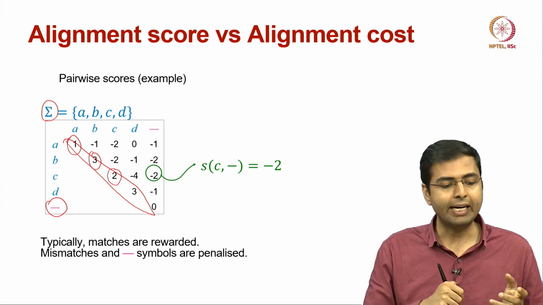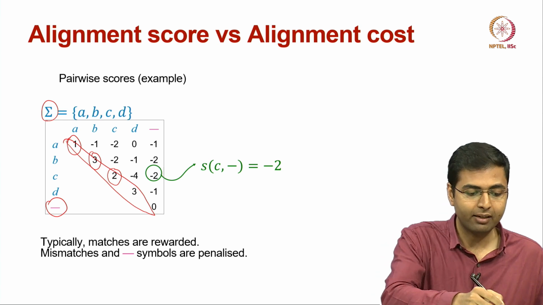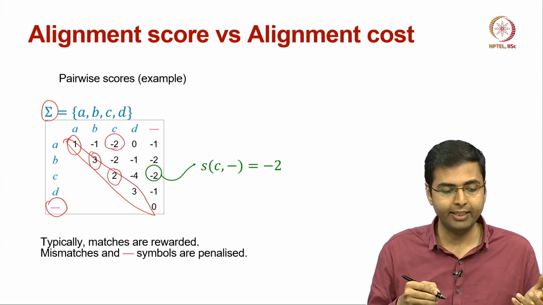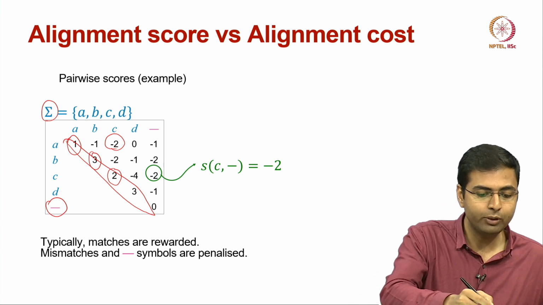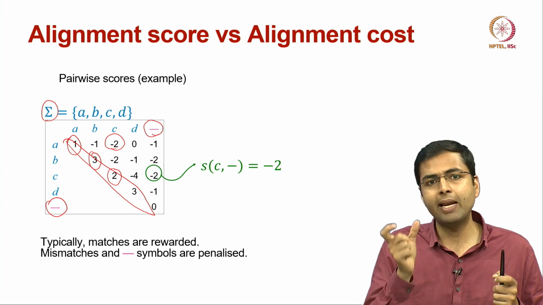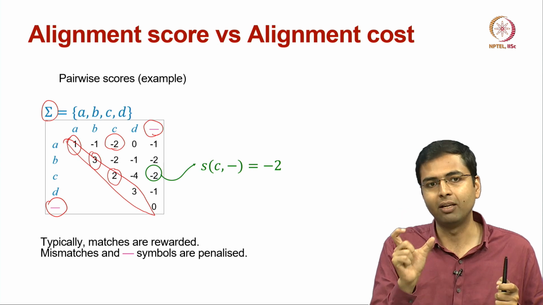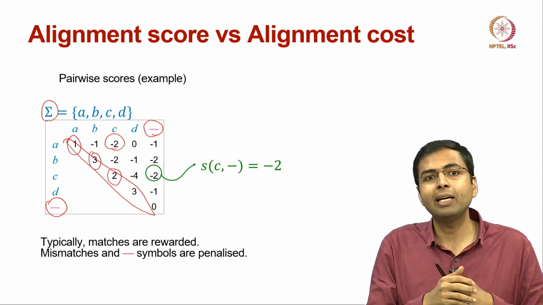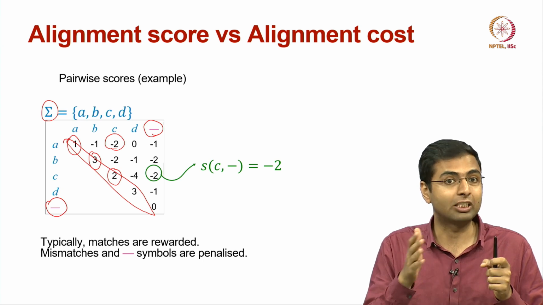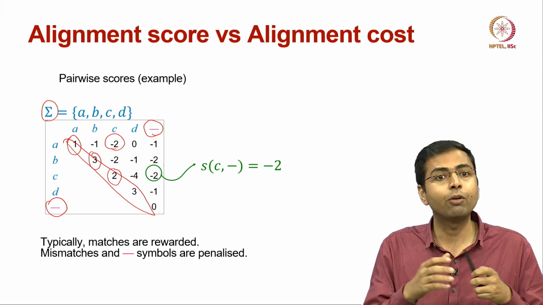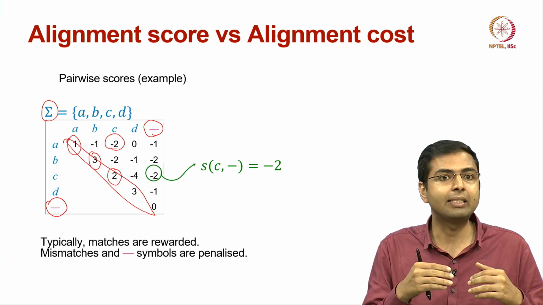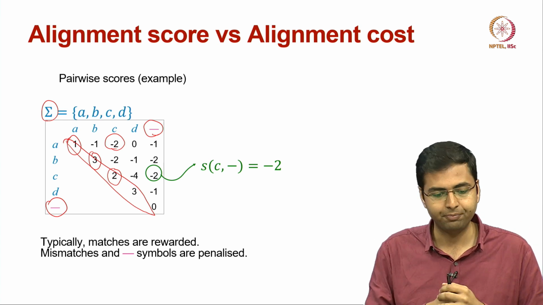You can also see that mismatches in this example are penalized by some cost. Similarly, if I am using the dash symbol, we would typically see a penalty associated with it, because we are ultimately looking for an alignment where we would like to see as many matches as possible, and therefore we are rewarding matches and penalizing mismatches and insertions-deletions.